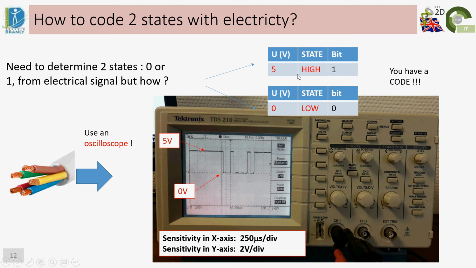You can then decide that the high state will be when the signal is at 5, and the low state will be when the signal is at 0 volt. So that helps you to make the difference between high state and low state. So you see, it's just a question of which value for the electrical signal you decide to choose.